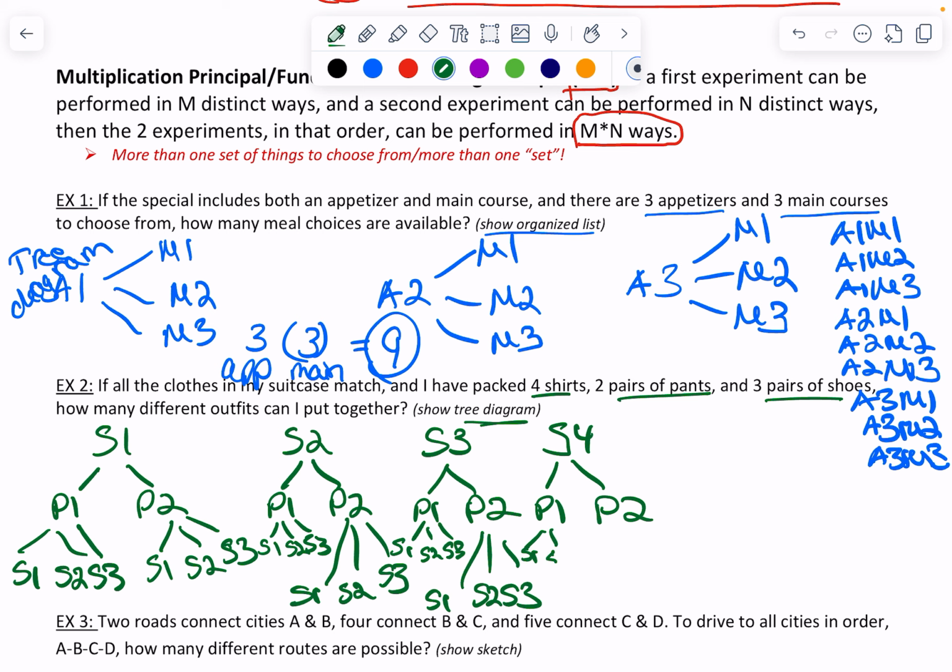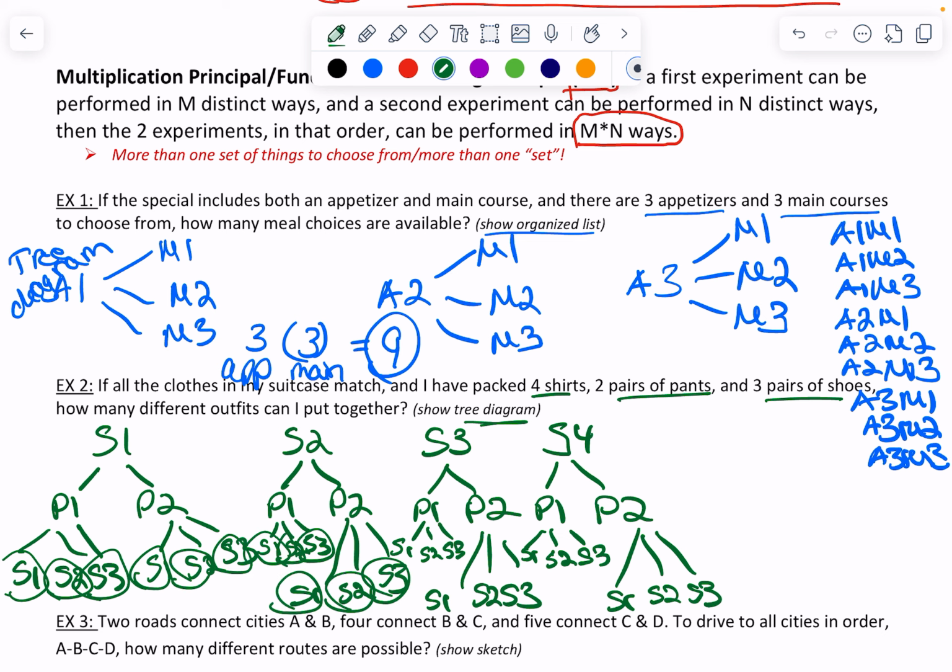Now if we count, we've got 1, 2, 3, 4, 5, 6, 7, 8, 9, 10, 11, 12, 13, 14, 15, 16, 17, 18, 19, 20, 21, 22, 23, and 24 different outfits.